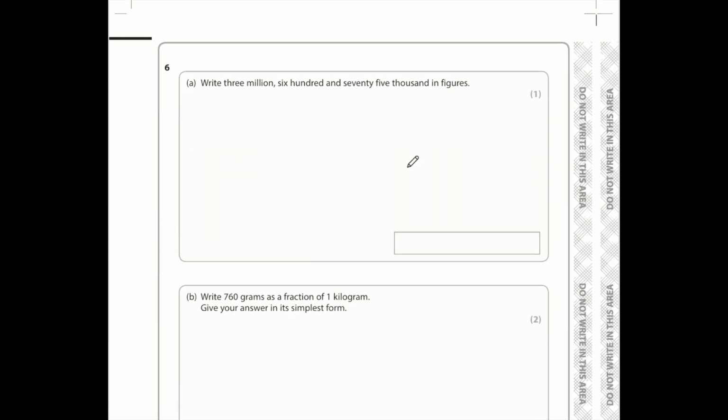Right, question number 6. Okay, so remember that if we're writing a really big number, group them in groups of 3 from the right, put a comma. 1, 2, 3, comma. So this comma here represents the word thousand. This comma here represents the word million. So for the word million, that's replaced with a comma. Thousand is replaced with a comma as well. Can I now write 3 in front of that comma, of course.